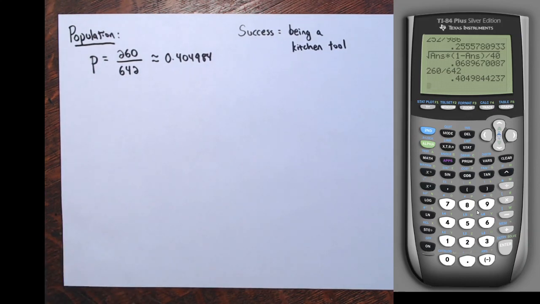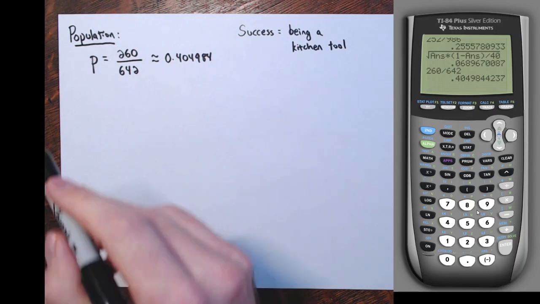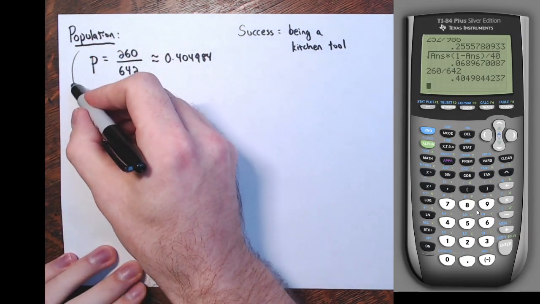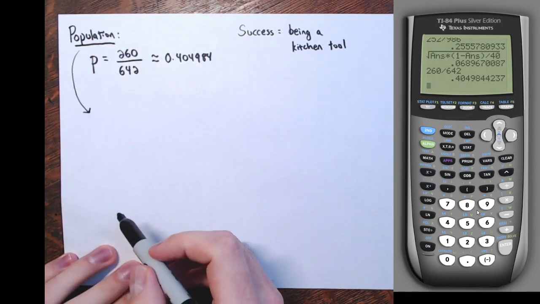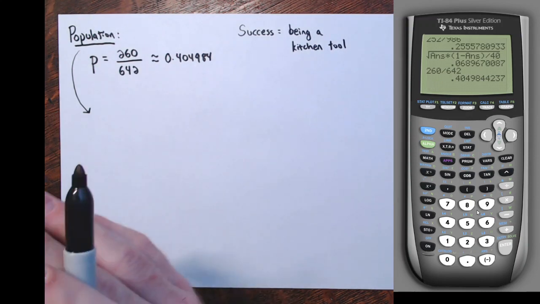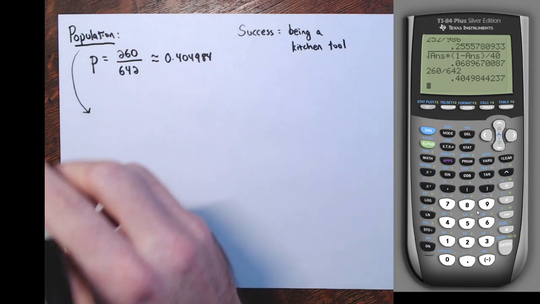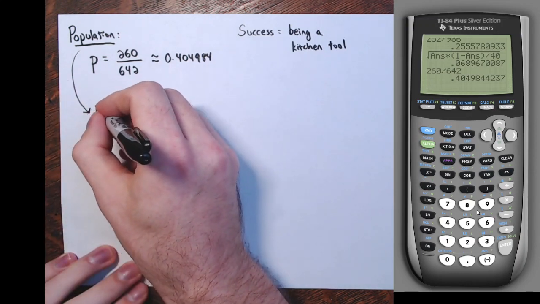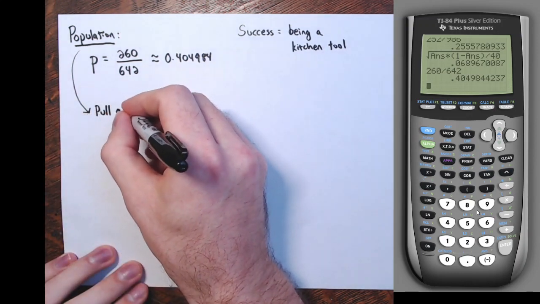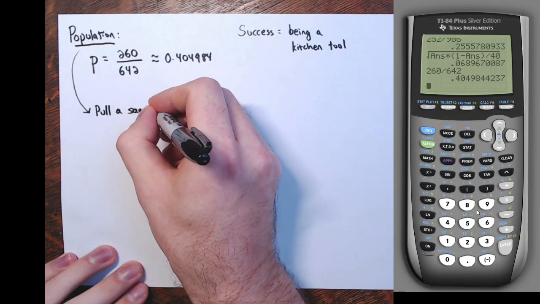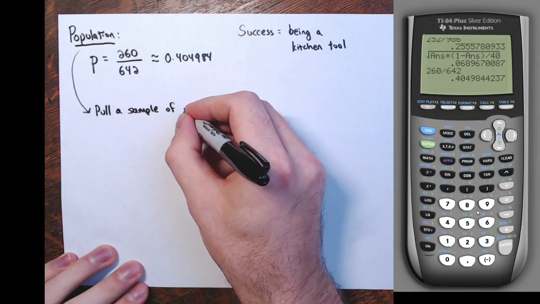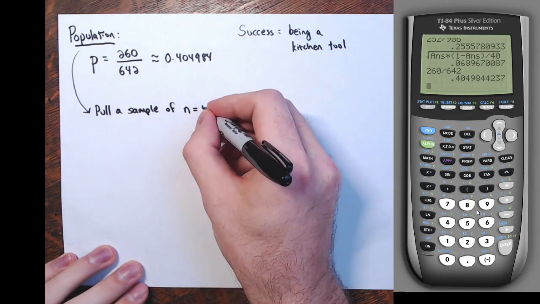Now, that was for the entire population. What this store manager is doing is pulling 52 of these items. So I pull a sample of size n equals 52.